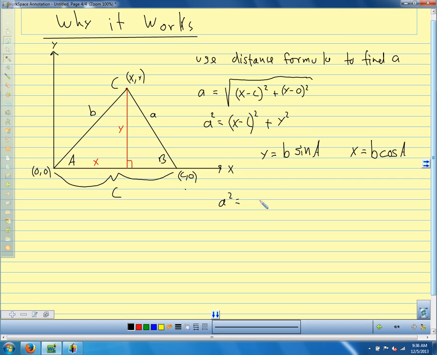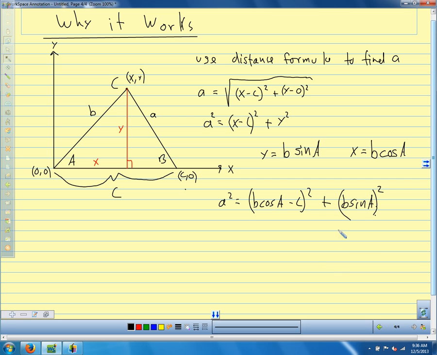So a squared equals b cosine A minus c, squared, plus b sine A squared.